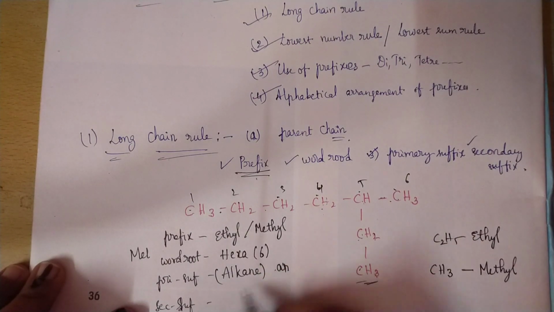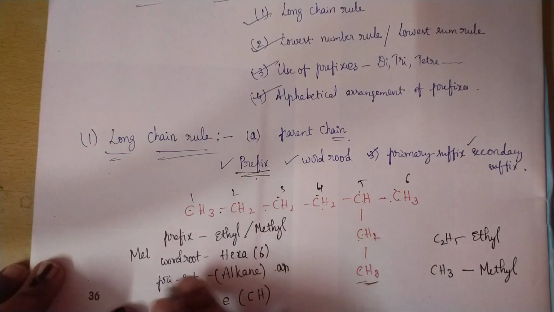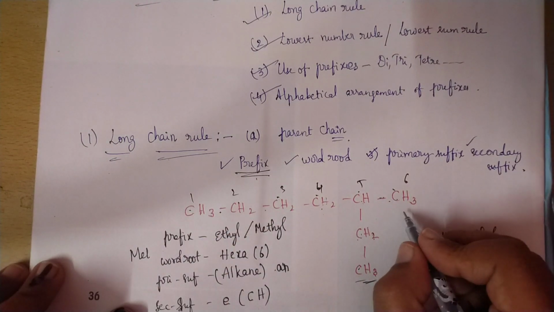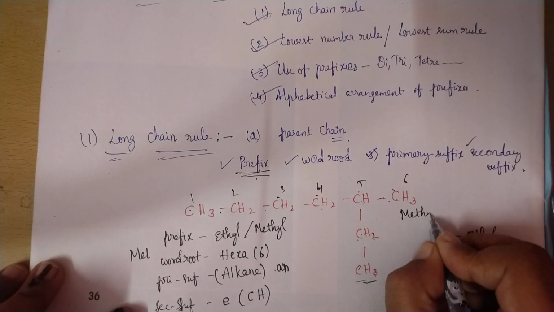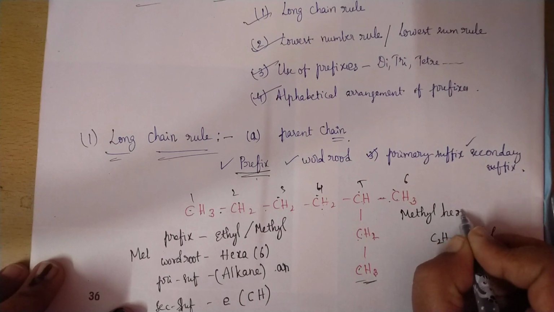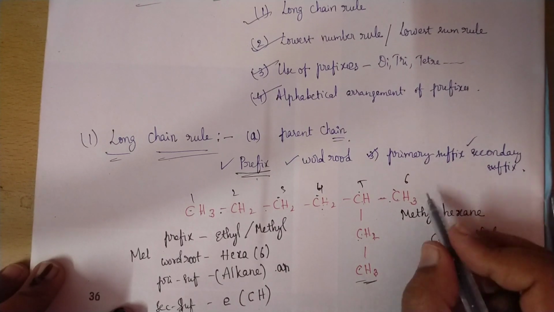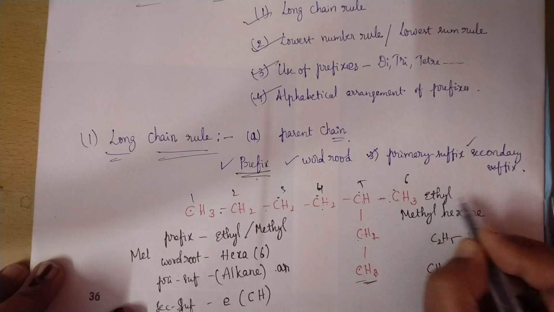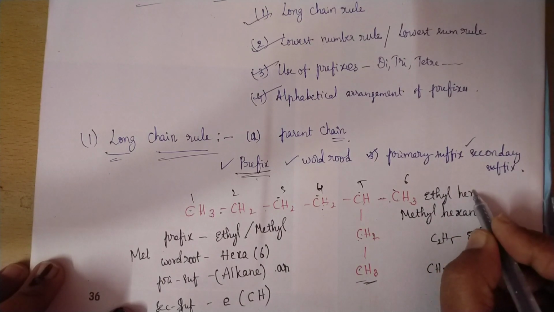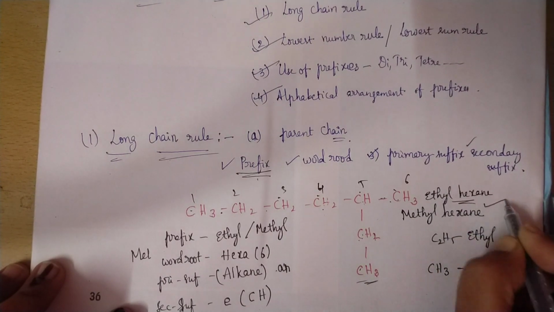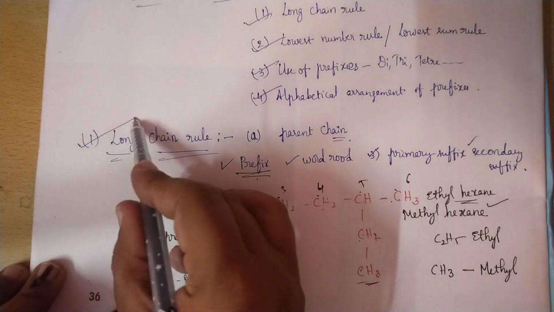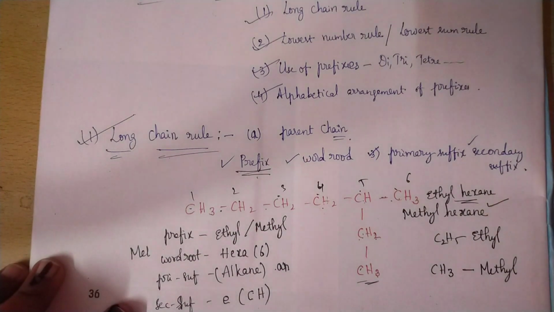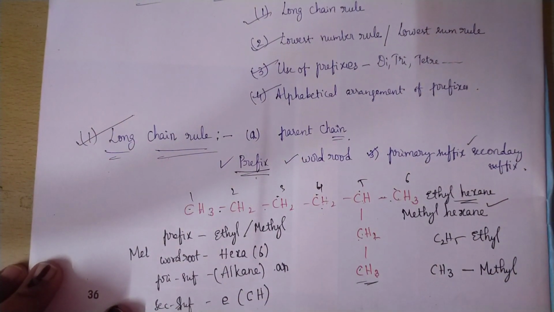Secondary suffix is e for hydrocarbons. So the name will be methyl hexane, or we can write it as ethyl hexane. By using the first rule, we can give a name in this way. Hope you understand this.